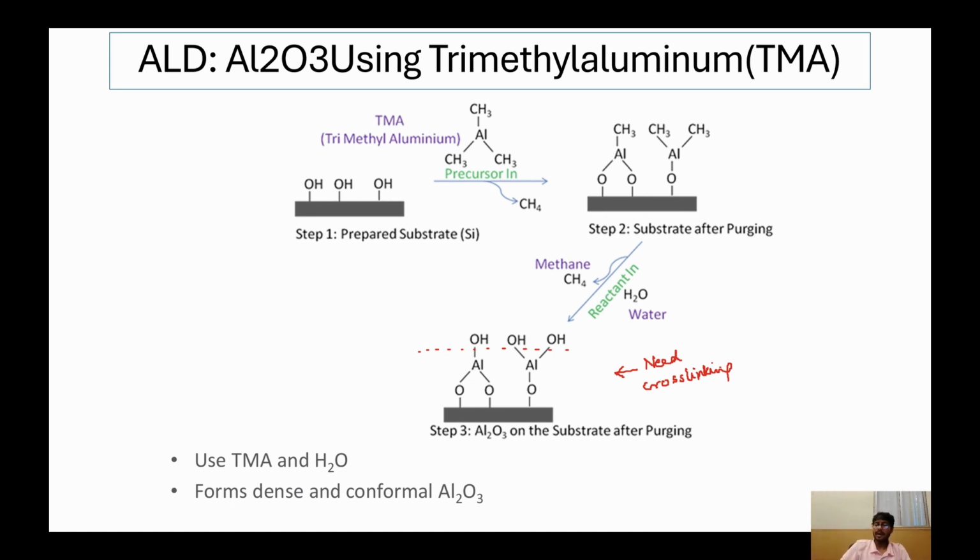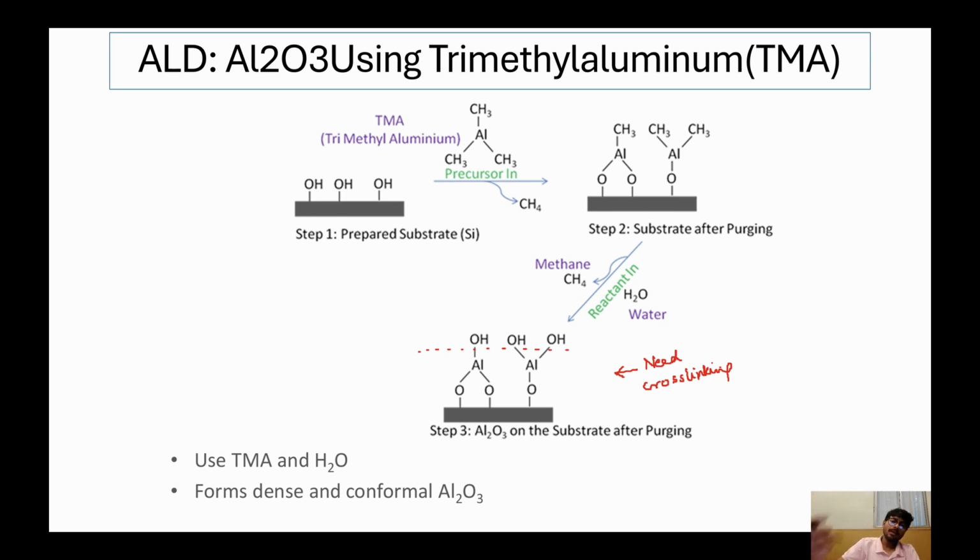If you have a silicon substrate, that definitely will have some OH termination over the substrate, because as you keep it outside in the environment, there will be some adsorption of oxygen, and the silicon is converted into SiOH kind of termination. Okay, because there is some native oxide as well as SiO2.